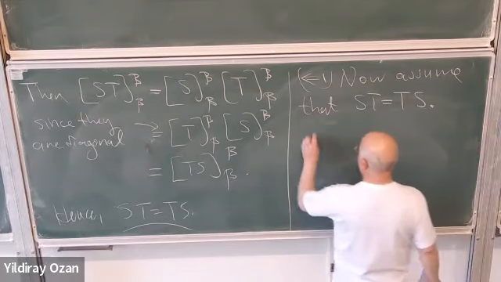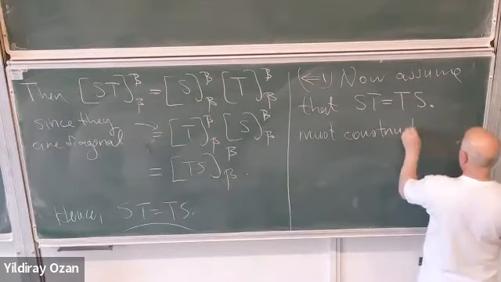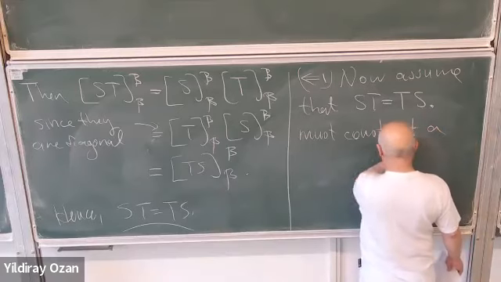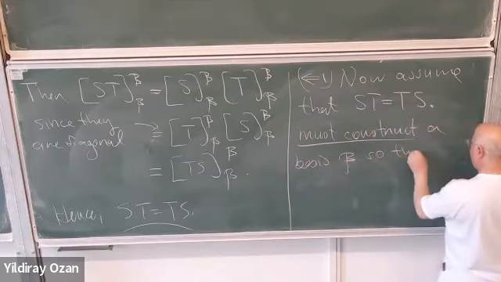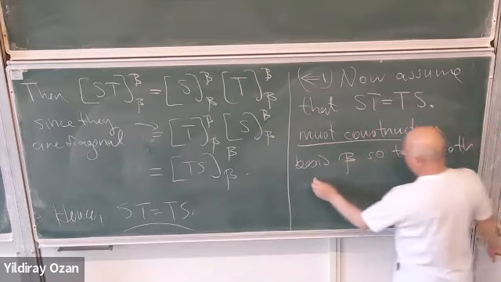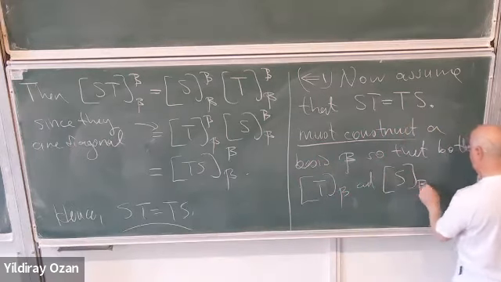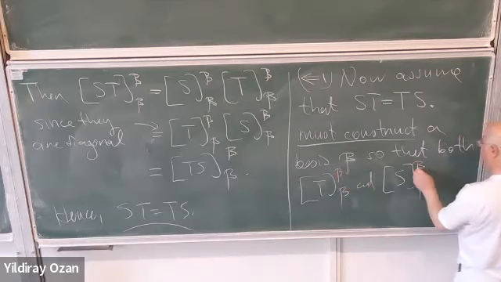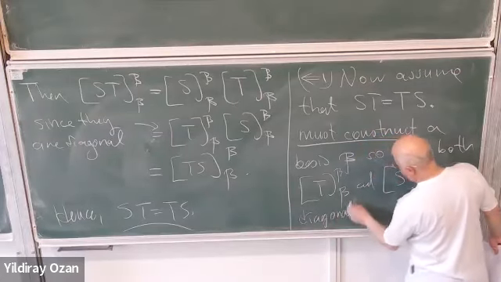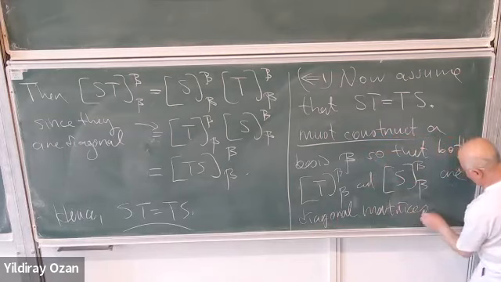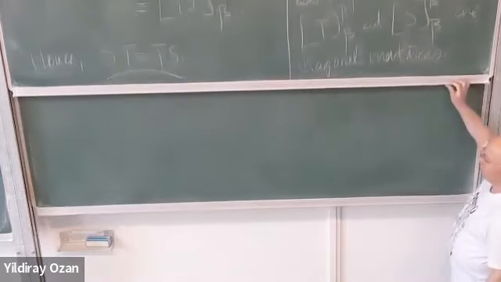So we must construct a basis beta so that both of these operators, I mean matrix representations, are diagonal matrices. How can we do this?